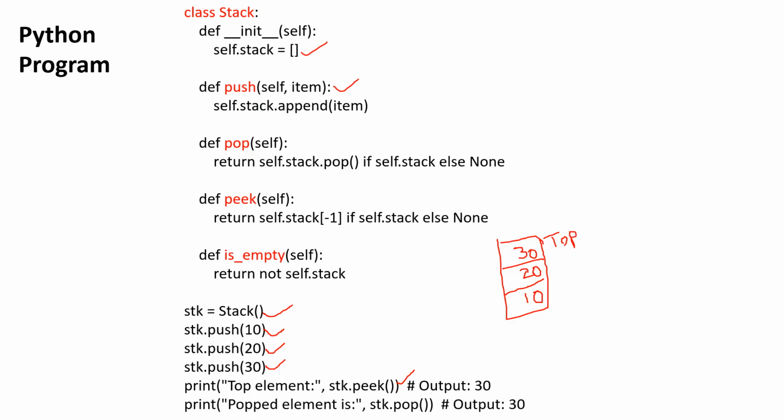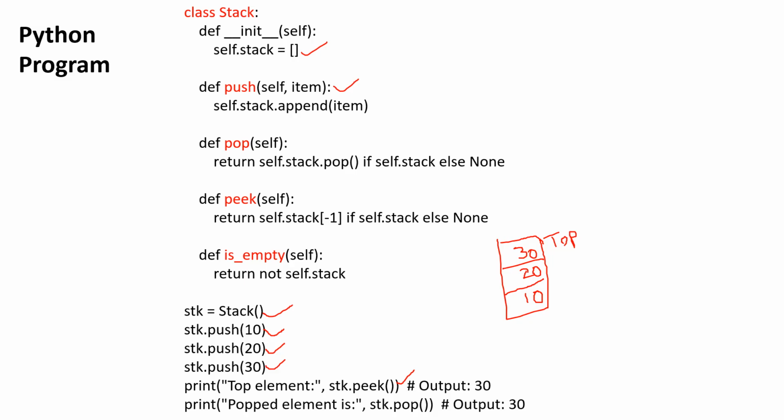Now stack.pop also returns. Pop means deletion. So how do you delete the element? Only the topmost element gets deleted. This is how the elements get inserted, and the pop operation is just deleting the topmost element from the stack. Now 30 gets deleted.